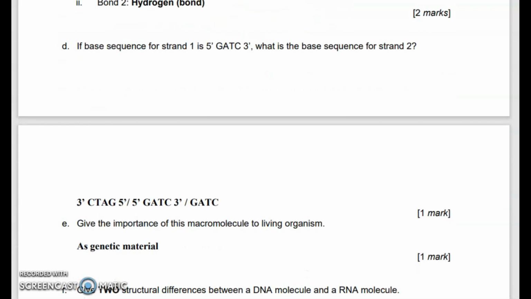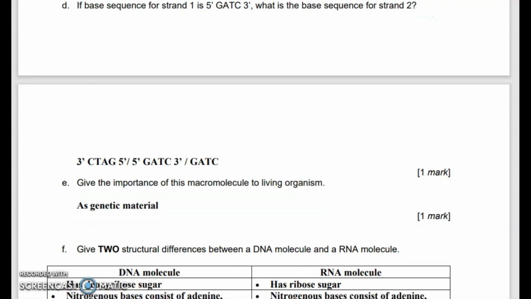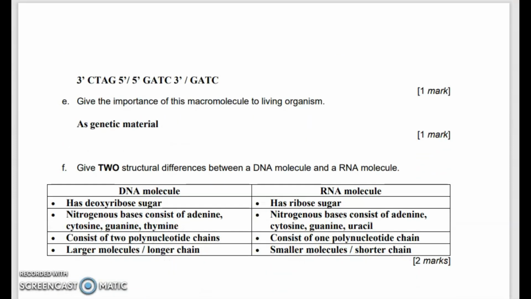Okay. Give the importance of this macromolecule in living organism as genetic material. Itu dia punya importance atau function of DNA. Give 2 structural differences between DNA and RNA. Ini pun antara soalan favorite. Question hanya minta kamu bagi 2 sahaja. So the pentose sugar for DNA is deoxyribose.